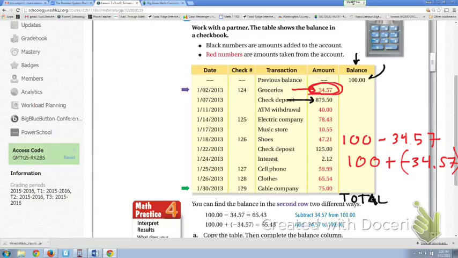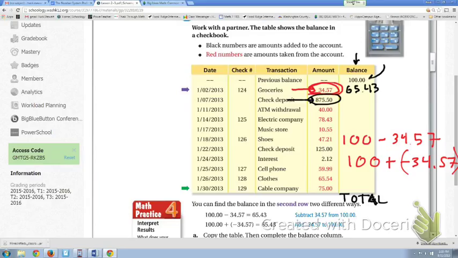So if I just did this in my calculator, $100 and a negative $34.57, I am left with a positive $65.43. Now the next one is a positive number.